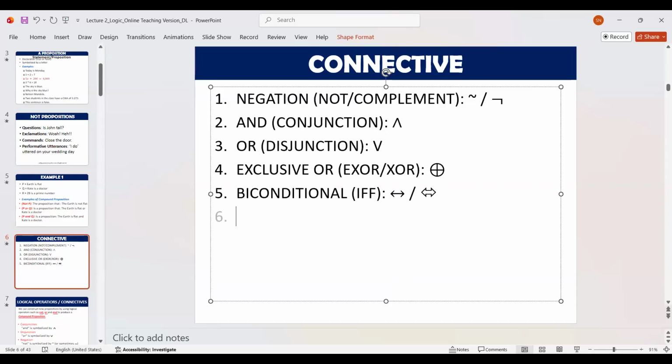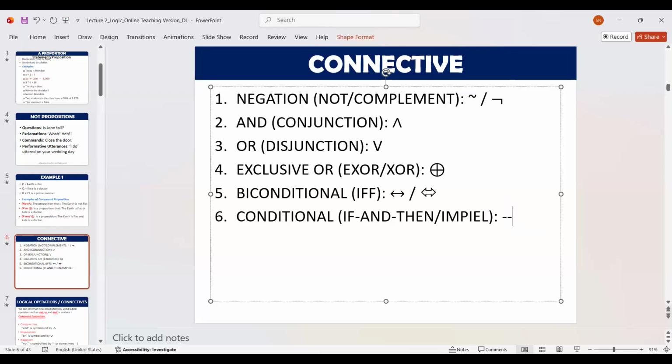Then the last one is conditional. The English word is if and then, or implication. Some books use implies. Now, what's the symbol for this? This one is also going to use an arrow.